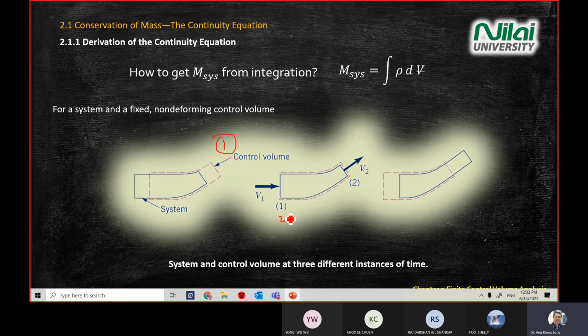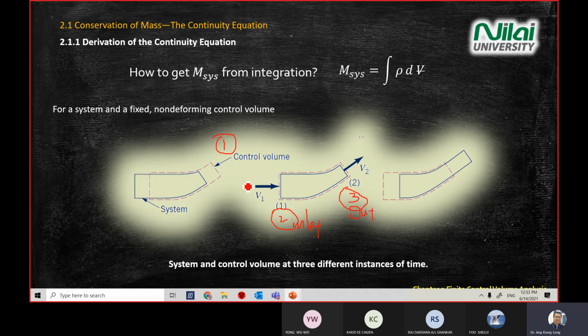Second, you draw the input and output. You mark it on your answer or in your diagram. Number 1 normally represents the input, we call it the inlet. Number 2 here represents the output. First step, second step, third step.